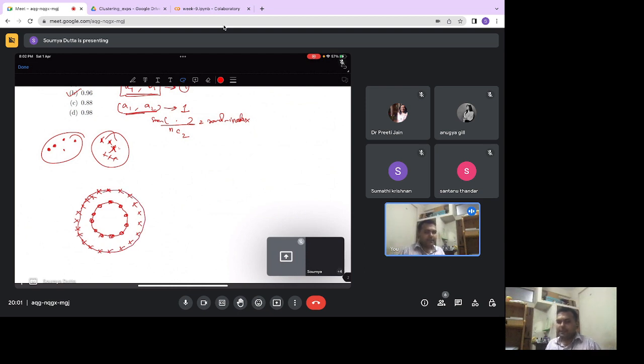Suppose this is the origin, this is how your data set looks like. Can somebody suggest what k-means would do? And you would also know k equal to 2. Somebody has come and told you that k equal to 2.